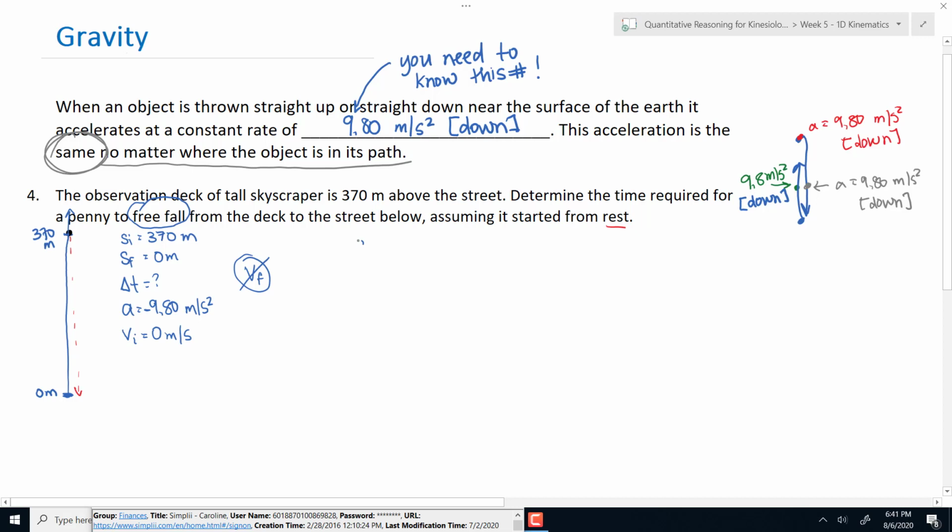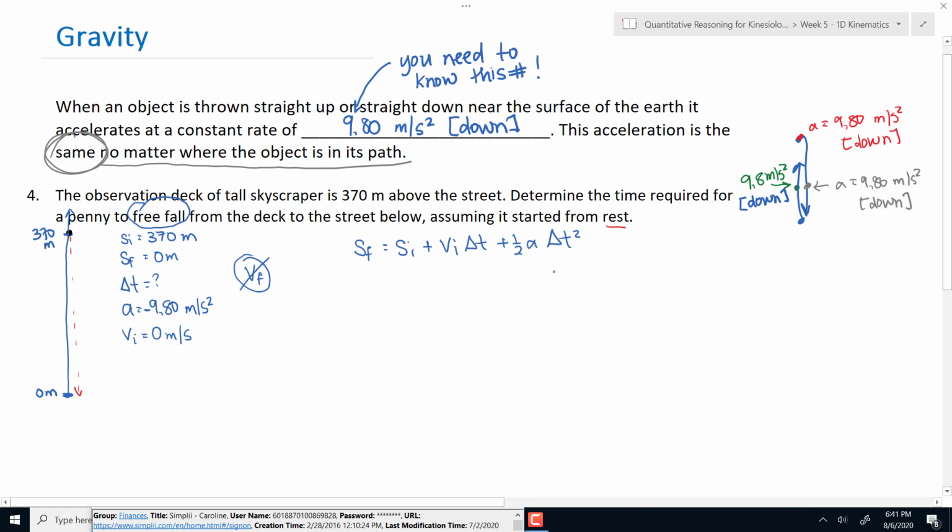So we have S final equals S initial plus V initial delta t plus 1/2 A delta t squared. And remember, this equation can also be written as delta S equals V initial delta t plus 1/2 A delta t squared. But since we know S initial and S final, we're leaving it in its original form.